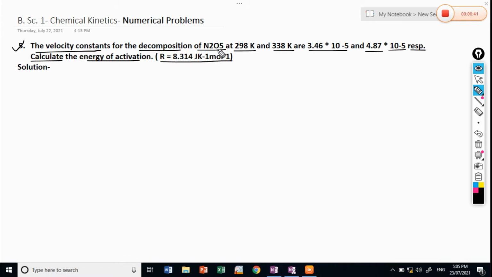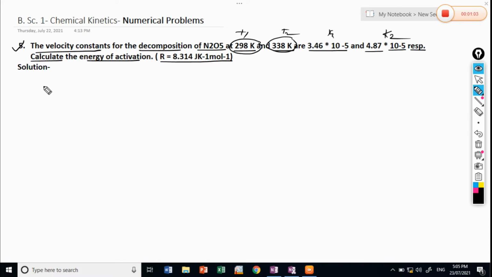So decomposition of N2O5, this is the reaction which is carried out at two temperatures. This is T1 298 Kelvin and 338 Kelvin, this is T2. 3.46 into 10 raised to minus 5 is K1, and 4.87 into 10 raised to minus 5 is K2.